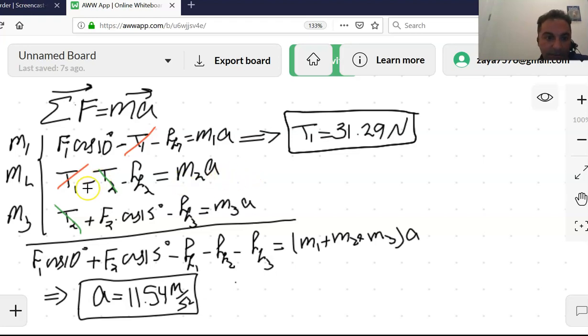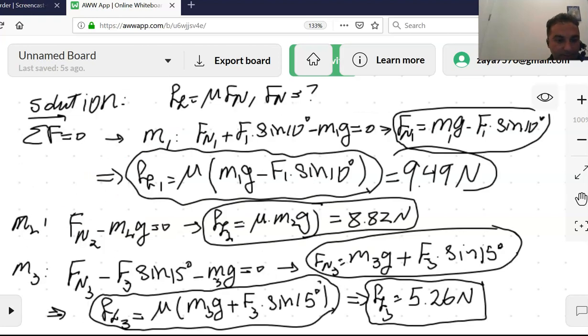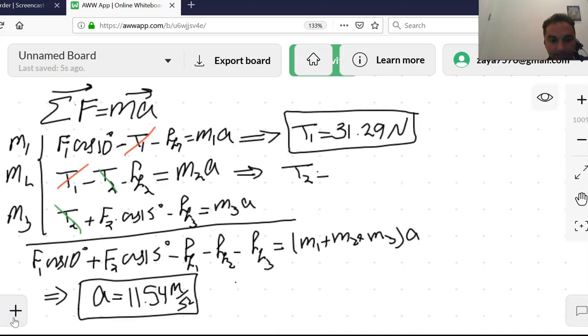That's T1. Now it's up to you. You can substitute T1 in equation 2 or 3 and then find T2. I go with the second one, so I can say T2 is 31.29 minus friction force 2, which is 8.82, correct?